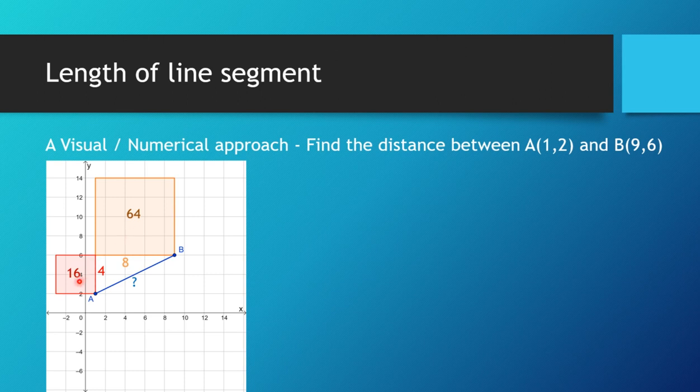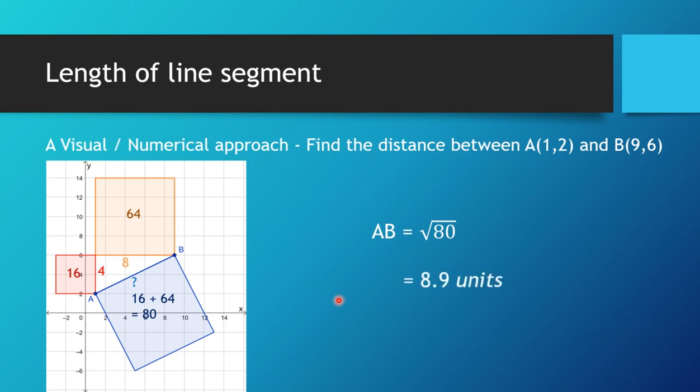Pythagoras' theorem tells me that 16 plus 64 should equal the area of this square. 16 plus 64 is equal to 80. Now, in order for me to find this length, all I have to do now is to find the square root of 80. I can put that in my calculator to get a decimal approximation, and I get 8.9 units.